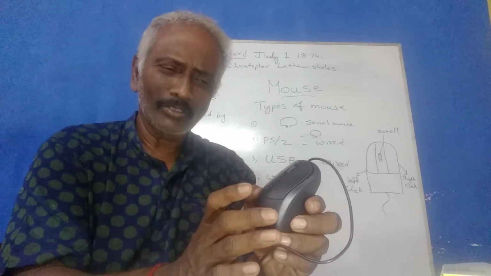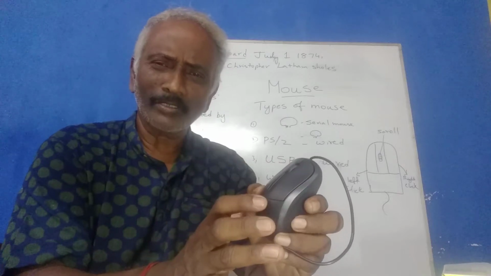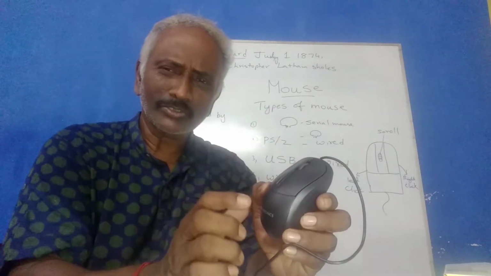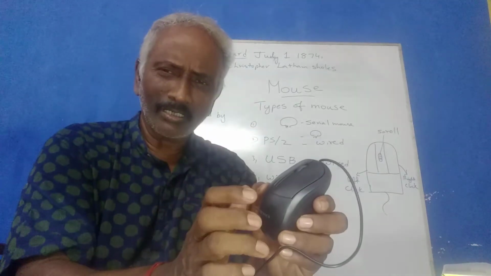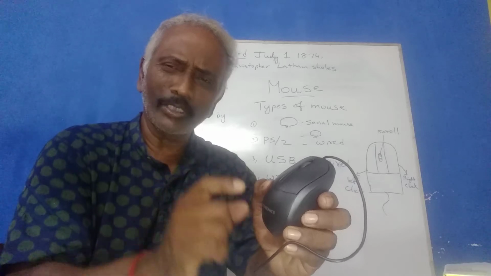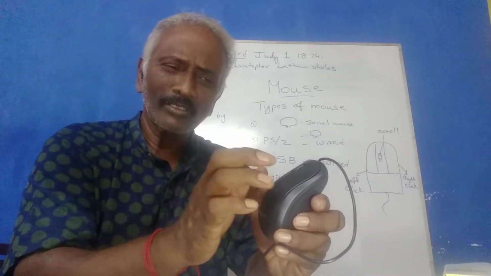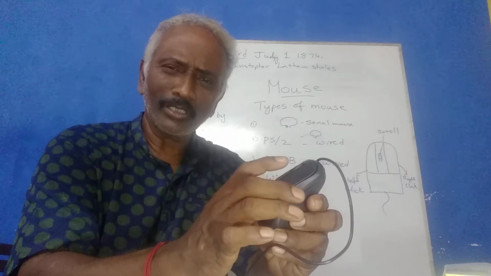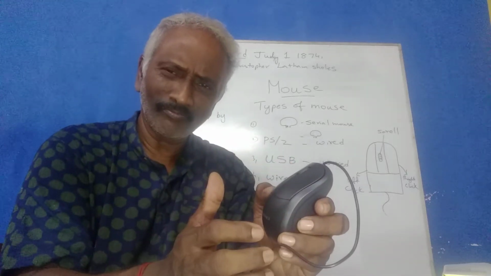So what is this scroll button? Instead of scrolling or selecting with the cursor, you can do it with your keyboard too. But it is an easy way of scrolling to your next page.